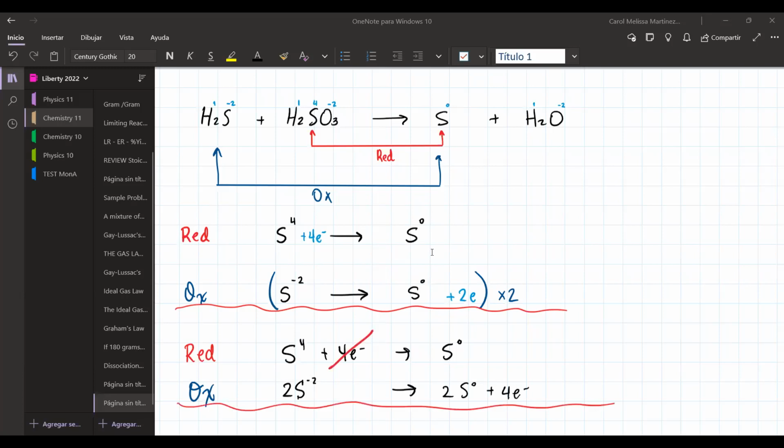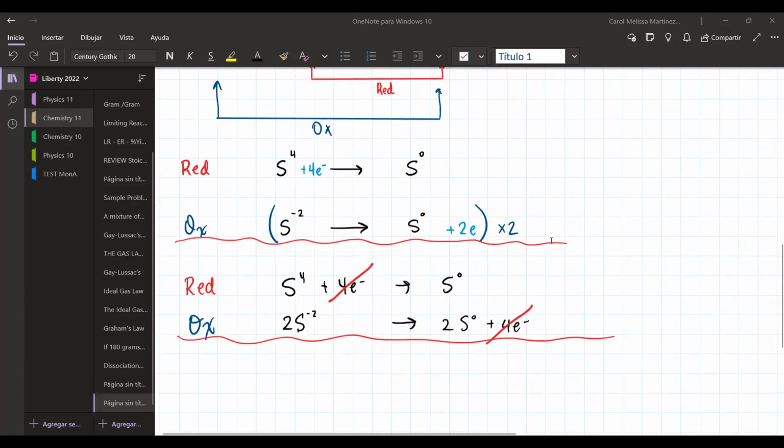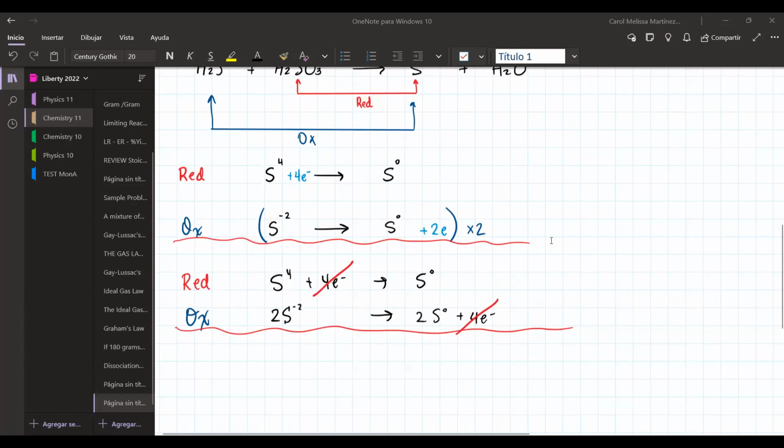We get rid of the number of electrons with number of electrons, and we're going to add. Now take a look. These 2 sulfurs are different because they have different charges. But these 2 sulfurs from there, they are the same because they have the same charge.